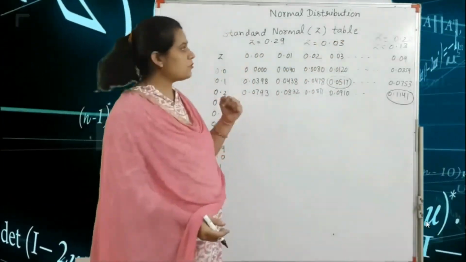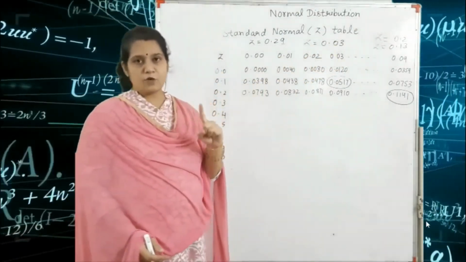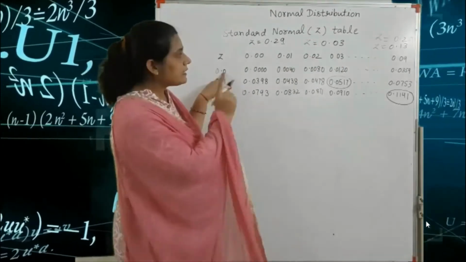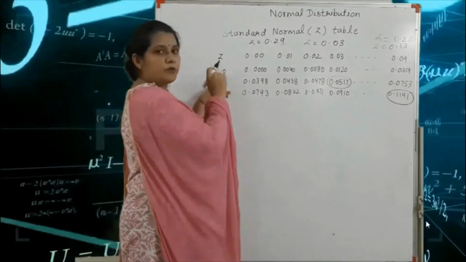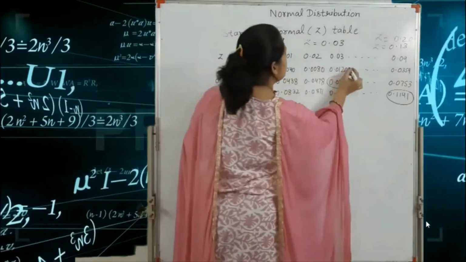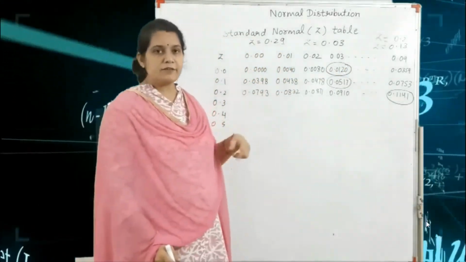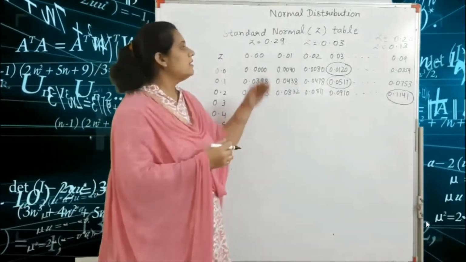For example, 0.03. We check the first decimal place, which is 0, got it? So we check the 0.0 row, and the second decimal place is 3, so check the 0.03 column, and the value is 0.0120. So if they provide the table, this is a very easy way of finding the value of z.